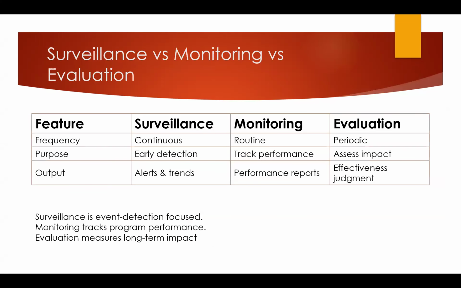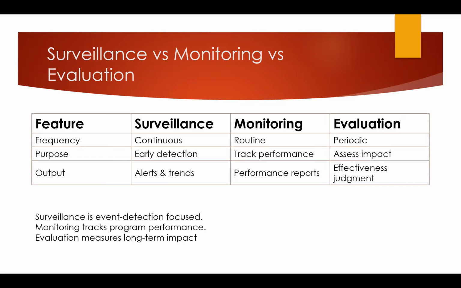So, this is a brief comparison between surveillance, monitoring, and evaluation. Surveillance is a continuous process, its frequency is continuous. Monitoring is a routine process and evaluation is periodic. The purpose of surveillance is early detection. For monitoring it is the tracking of performance, and for evaluation, the main purpose is to assess impact.